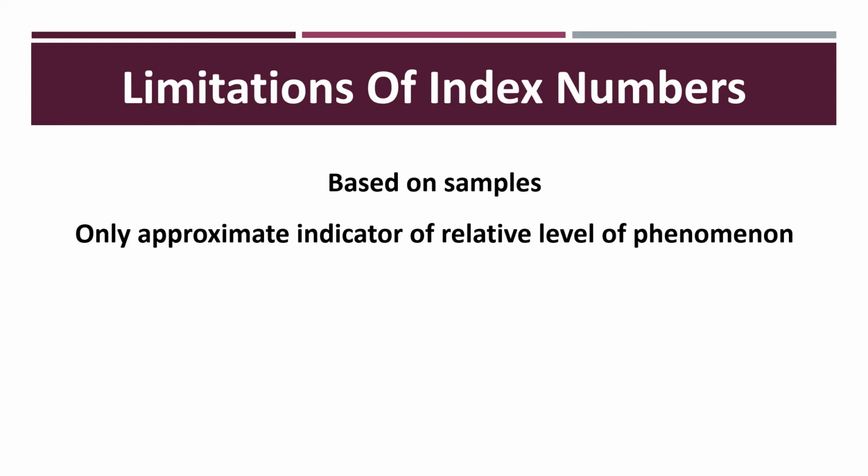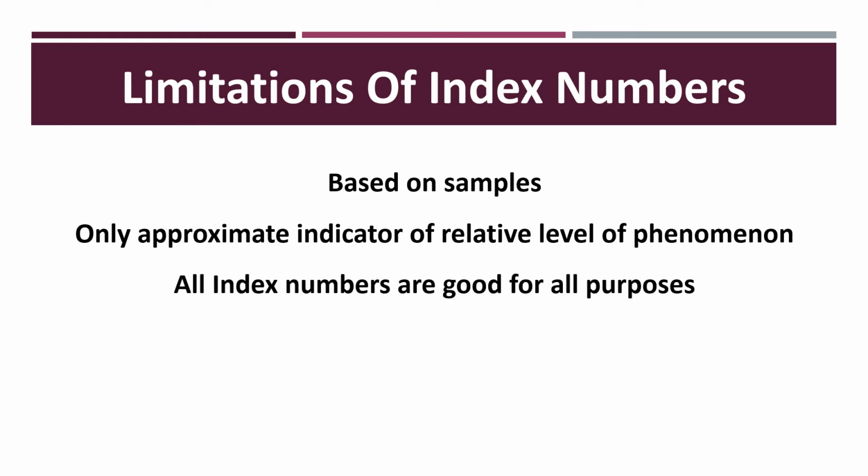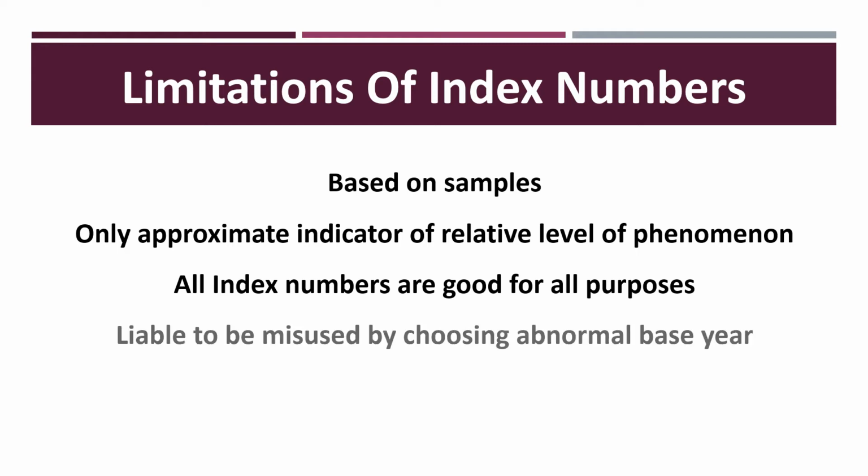And the index numbers are not good for all purposes. An index number calculated for one purpose cannot be used in other places where it may not be fully appropriate. And the index numbers are liable to be misused by choosing an abnormal base year or some irrational weights.